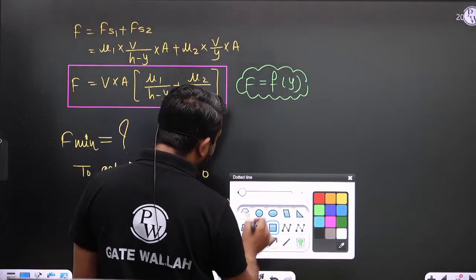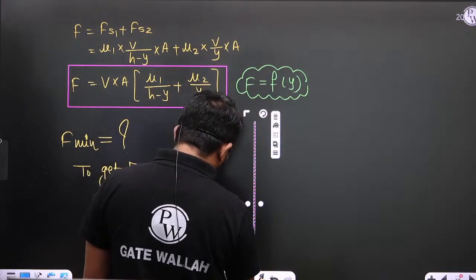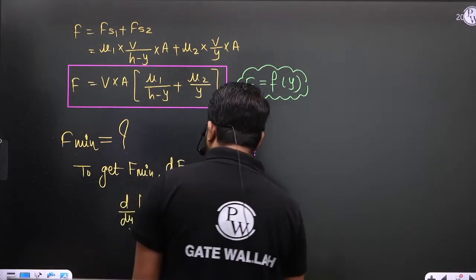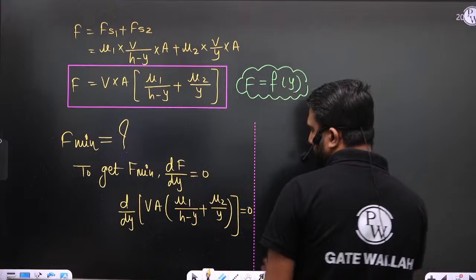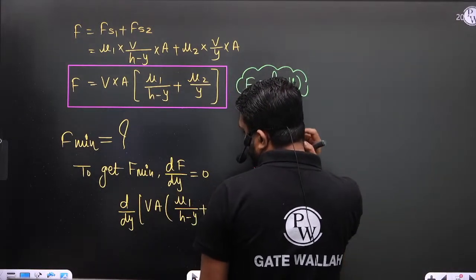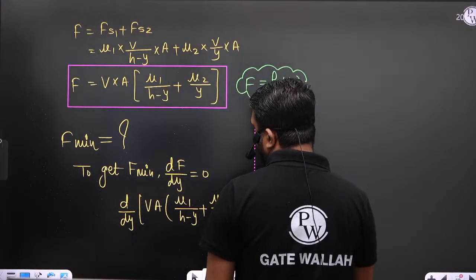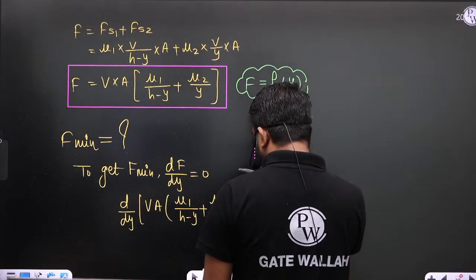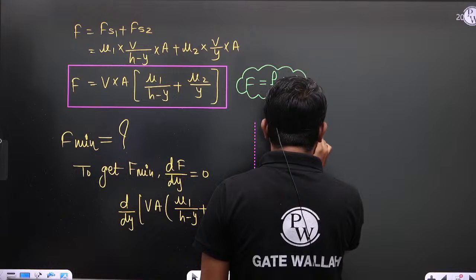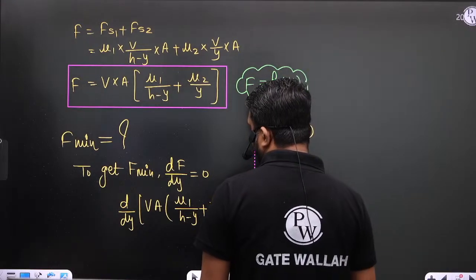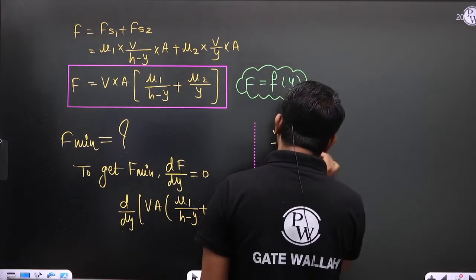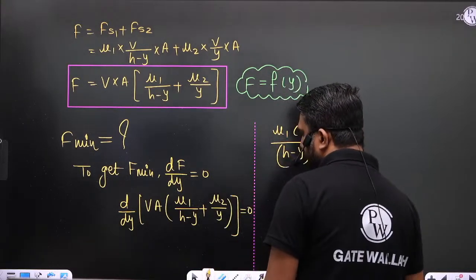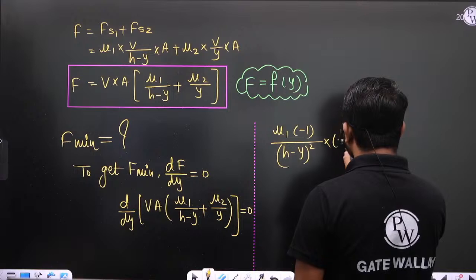Now differentiate. V is constant, A is constant. So mu1 (H minus Y) to the power minus 1. Differentiating, this is minus 1 upon (H minus Y) whole square into the derivative of (H minus Y), which is minus 1.